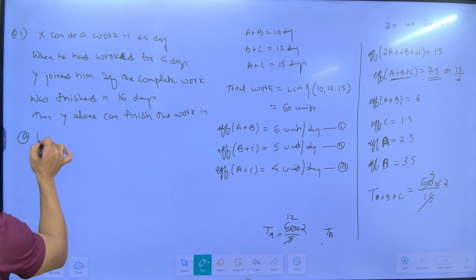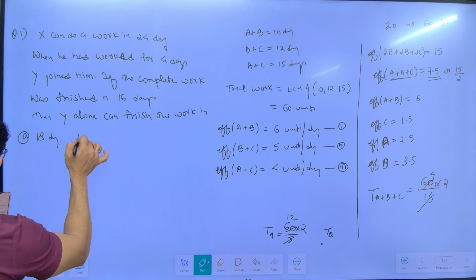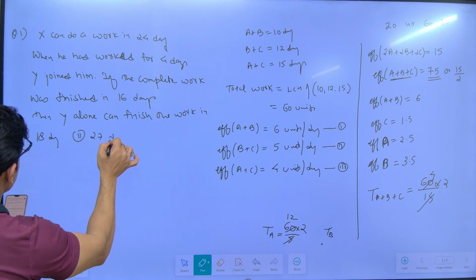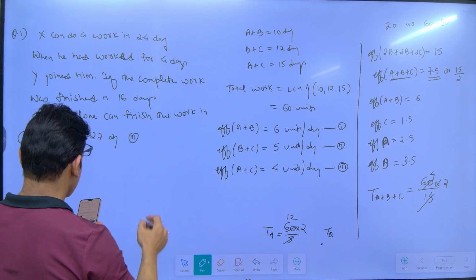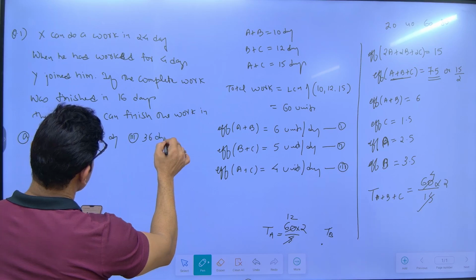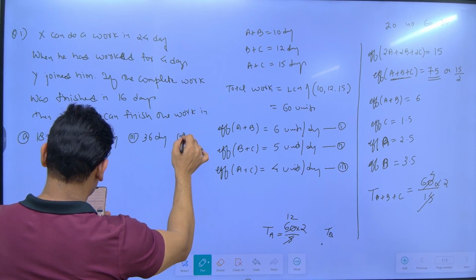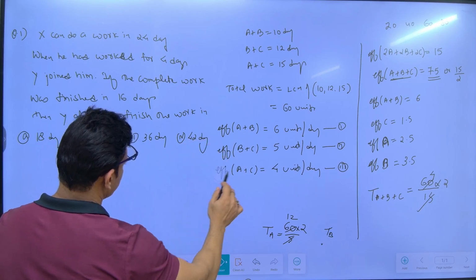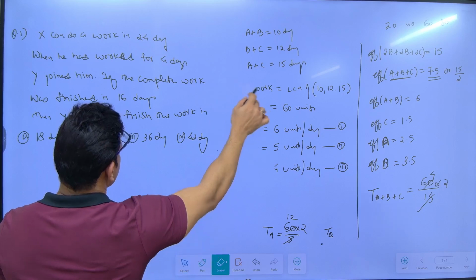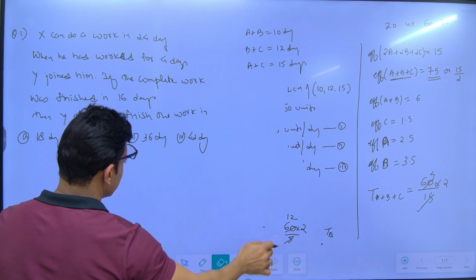First option is 18 days, second 57 days, third 36 days. Fourth option is 42 days. I'll also try to give you a different perspective of looking at the same problem.